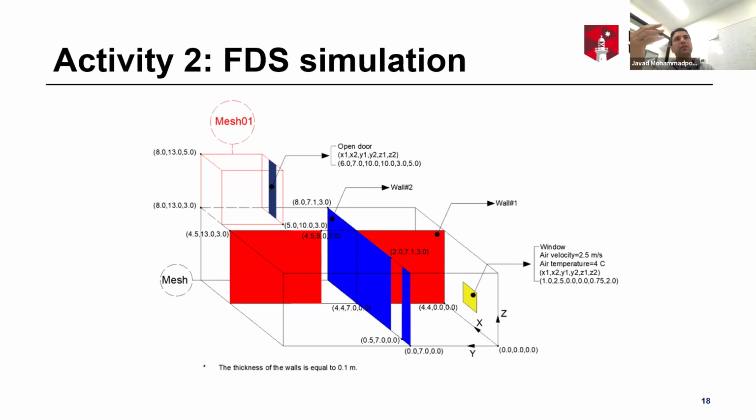The second one is the finite element method. And the third one is the finite difference method. Depending on our physics and our application, we can use them. The base of the FDS is the finite volume method. But for the outputs, I think it should be the finite element method.